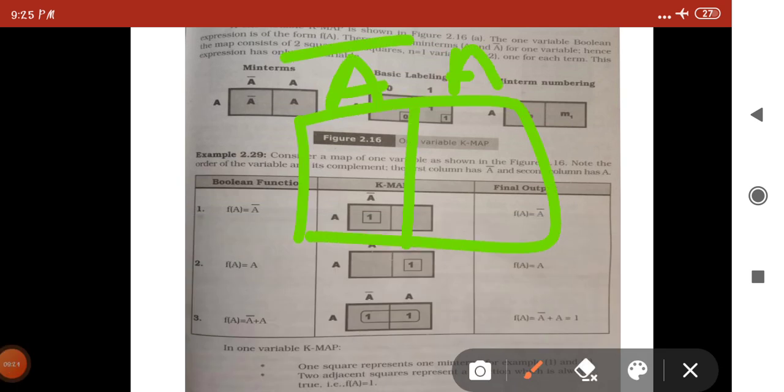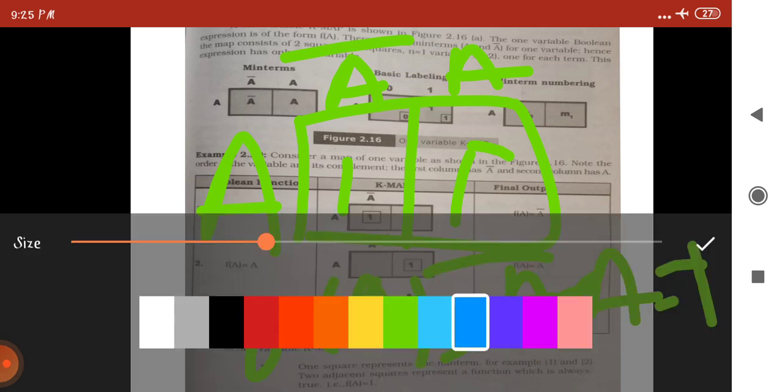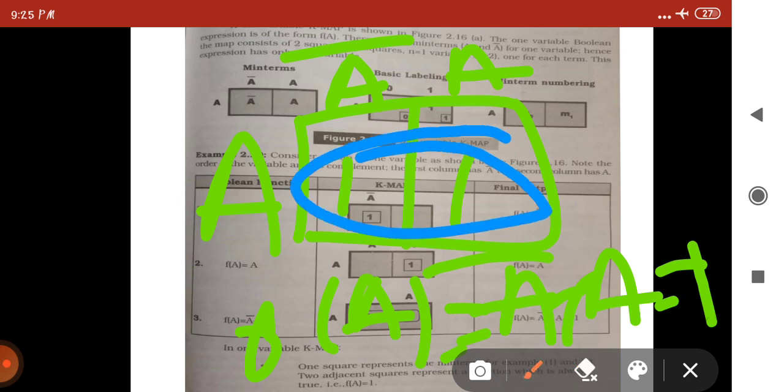A bar, a, 1, 1 will come. F of a equals a bar plus a equals 1. This is a group we have done. This is the use of the K-map.